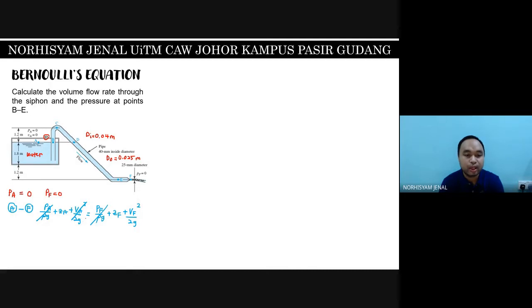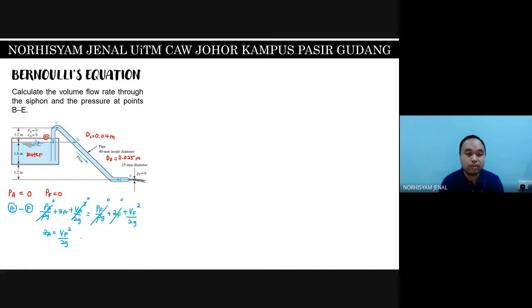And one more thing, because F is at the floor of the system, the elevation ZF should also equal 0. So all these items are 0. What we have at the end is ZA equals VF square over 2G. So this becomes a very simple equation, and from here we can find VF.